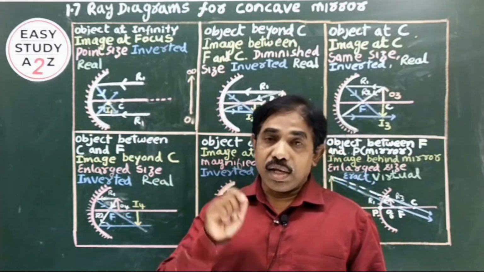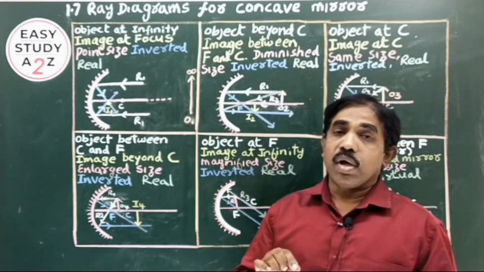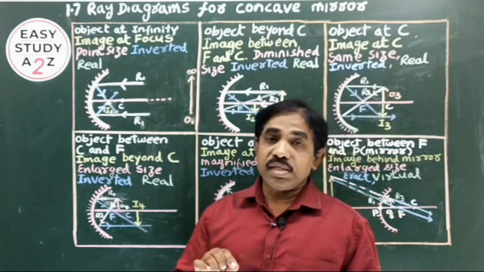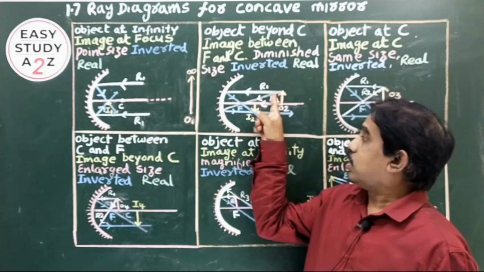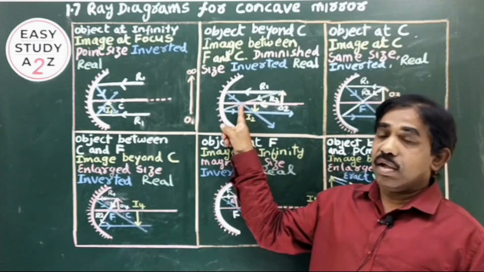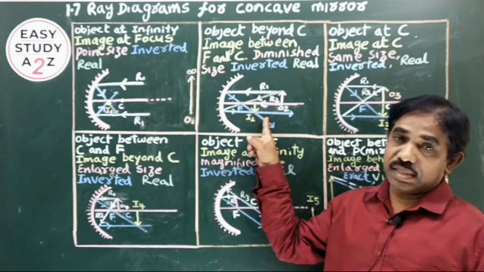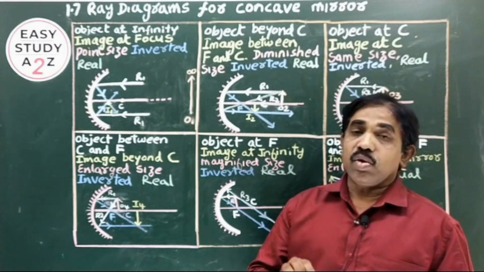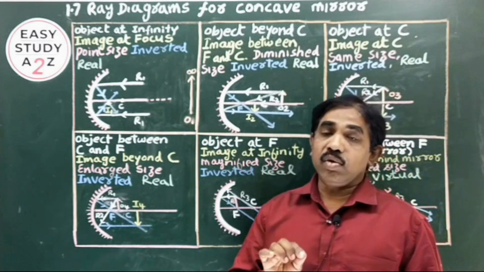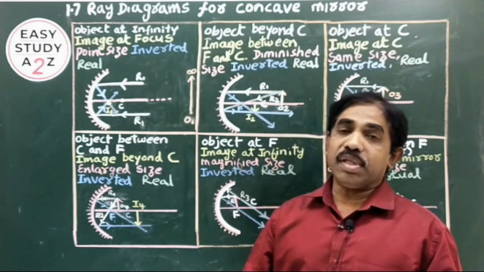And rule 2 is related to ray 2. In ray 2, the incident ray is traveling through the focus, and the reflected ray travels parallel to the principal axis. Now the third type of ray is ray 3. Rule 3 is related to ray 3, or R3. Here what is happening?